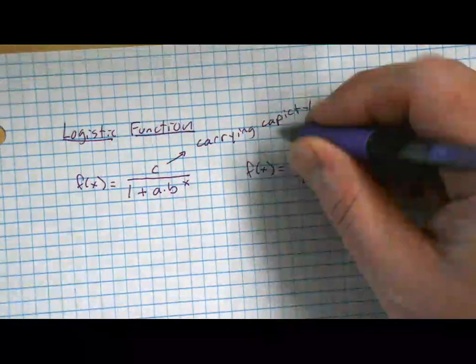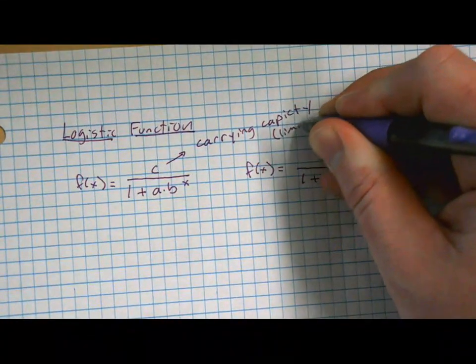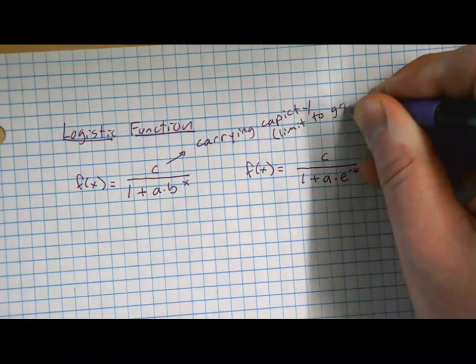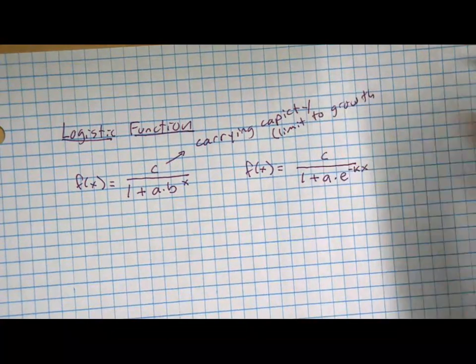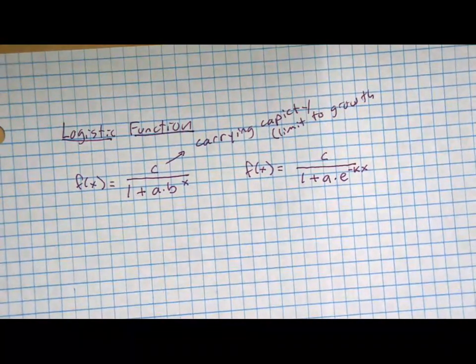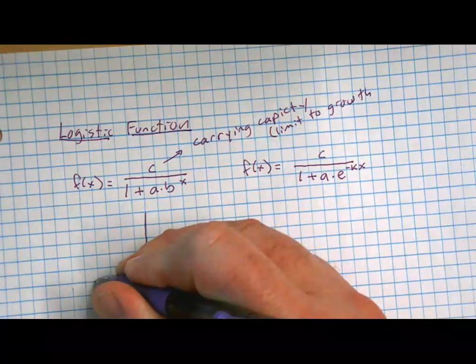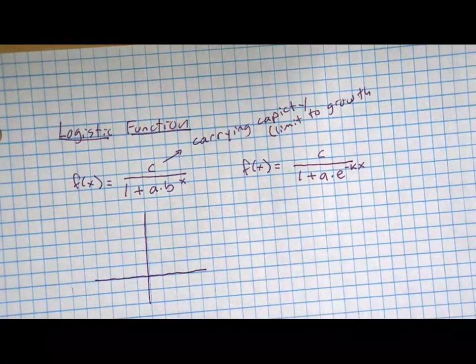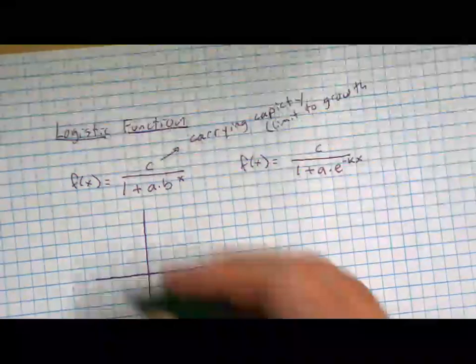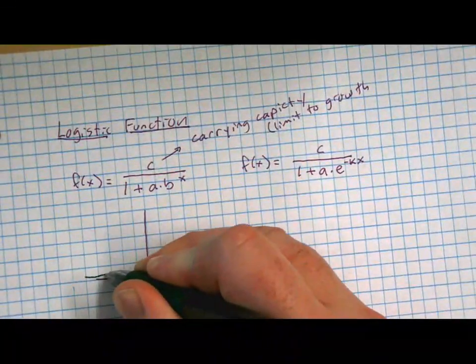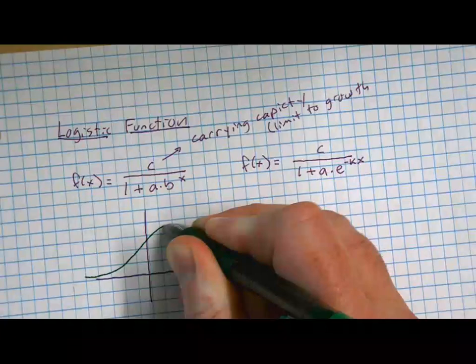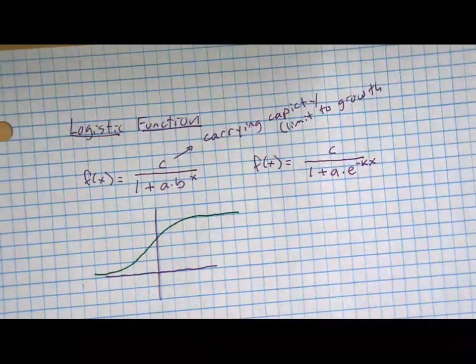Our book calls it the limit to growth. So that's the highest it's ever going to go. And these functions, if you graph them, they're always going to have two horizontal asymptotes. That was the main thing I wanted you to get out of this, how to find those two horizontal asymptotes.